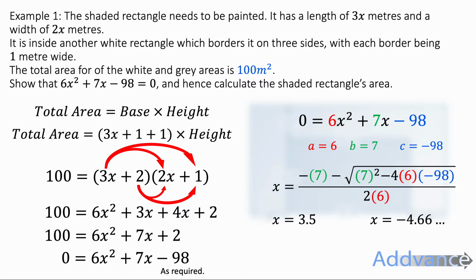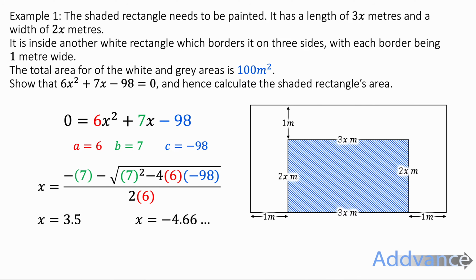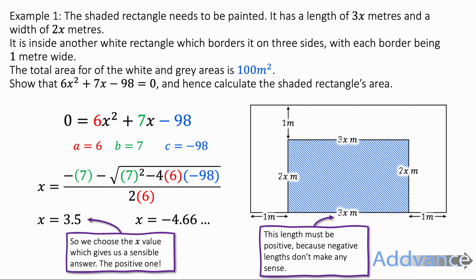But if you did get those two answers, we now need to use that to find the shaded rectangle's area. And the key here is you have to choose which x to use. A sensible choice is a positive x, because that will give you a positive length for the rectangle. You cannot have a negative length of something because it doesn't make sense. So x is 3.5 will make sense here.